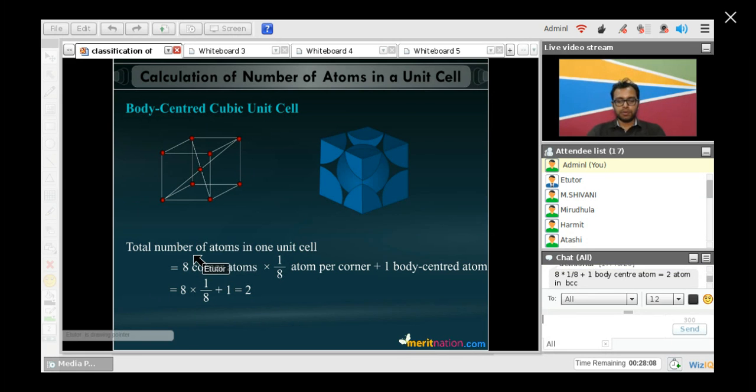So the number of atoms contributed by corner atoms to the unit cell will be equal to 8 multiplied by 1/8 per corner, and the number of atoms contributed by the atom present at the body center of the unit cell will be equal to 1. So the total number of atoms present inside the body centered cubic unit cell is 2, right? You can also remember this, that the number of atoms present inside the body centered cubic unit cell is 2.